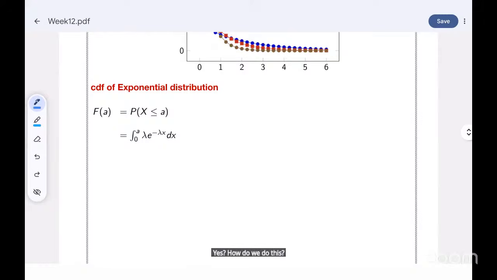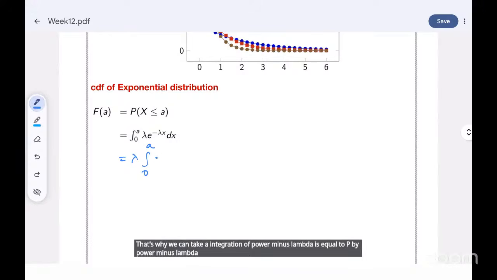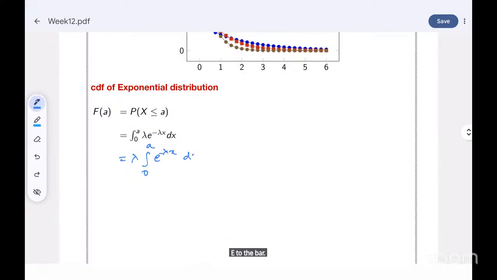Then lambda is constant. That's why we can take it common. Yes. The integration of e power minus lambda x is equal to e power minus lambda x upon minus lambda, from 0 to a.